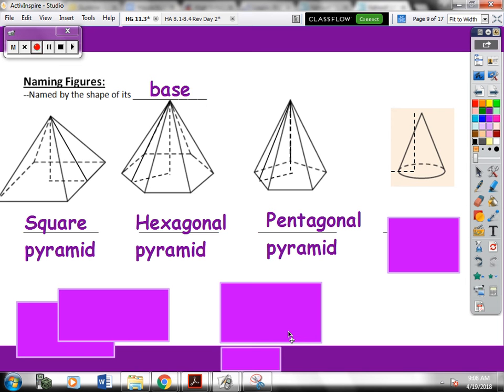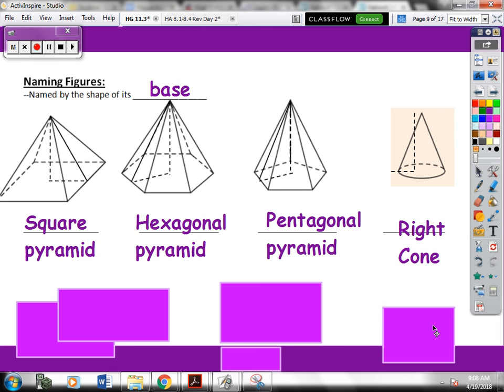And then the last one is a cone. It's technically a right cone, but if you just put cone, that's fine. We'll learn that there are still oblique cones, and an oblique cone would look like this, kind of slanted. Just like we had oblique prisms and cylinders yesterday, where they were slanted.